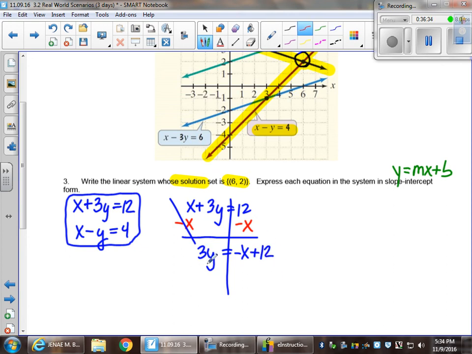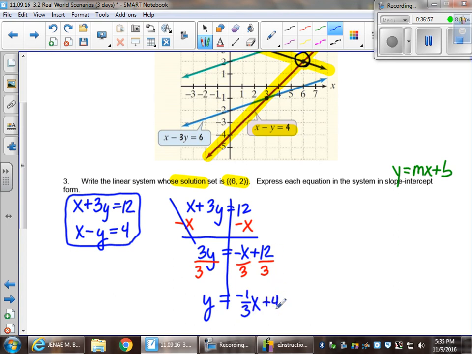And to finish this up, we'll divide by 3. So this is y equals, what does this become? Think back to these past couple days. It's a fraction. What fraction is it? Negative 1/3 x. And then 12 is divisible by 3.